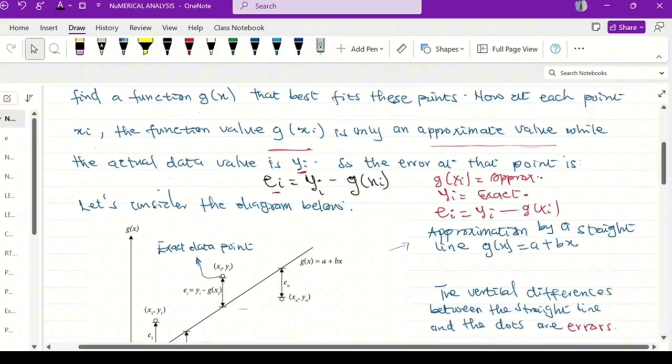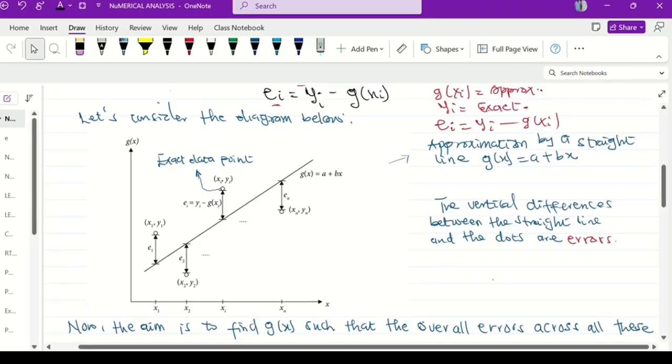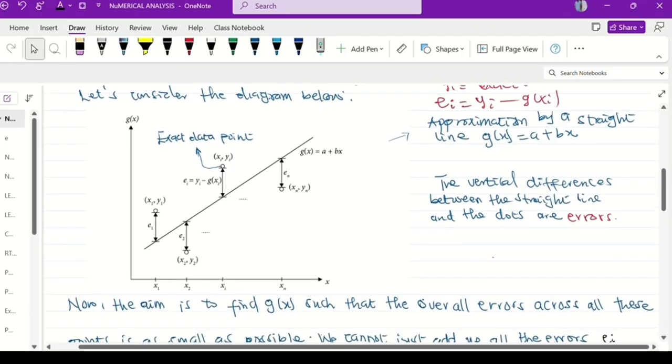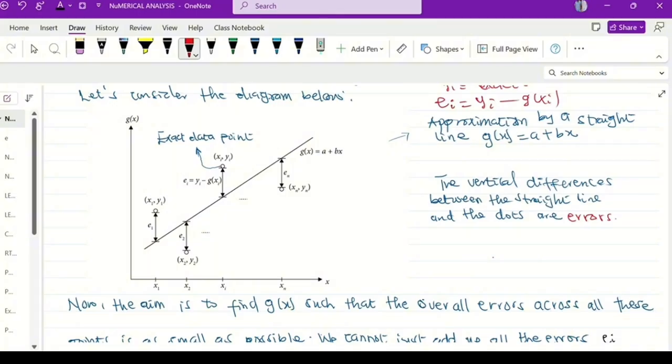Now let's consider the diagram below. This is an approximation by a straight line, and on this graph, the points that we see here are our exact data points, and the straight line here is our approximation.